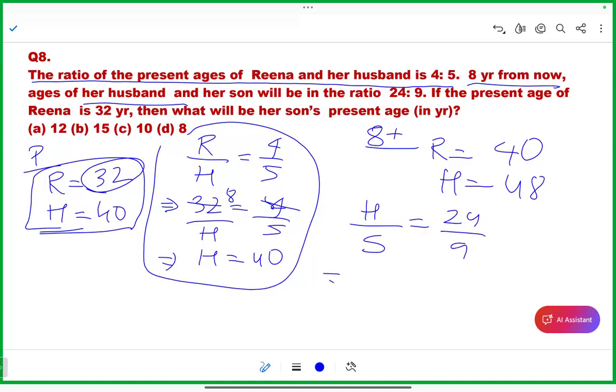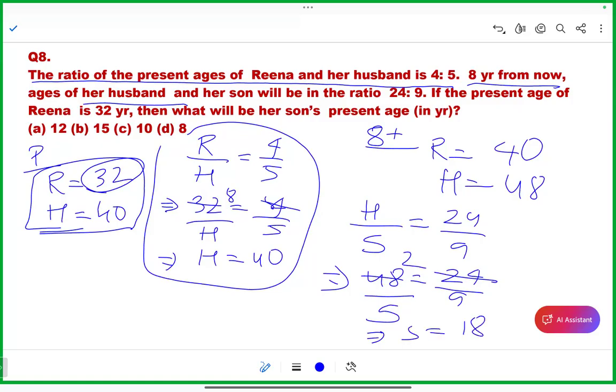So husband is 48, and this is 24 by 9, so 24 into 2, so son should be equals to 18. This is after 8 years, so son's present age will be 10, because 8 years to 18.